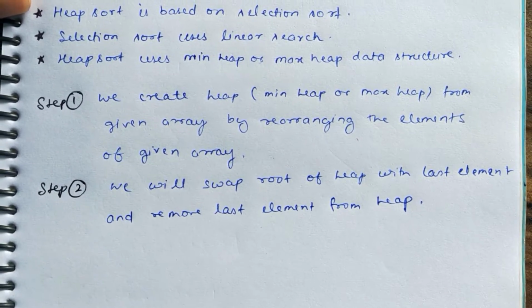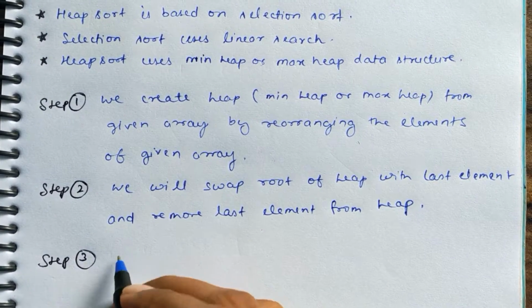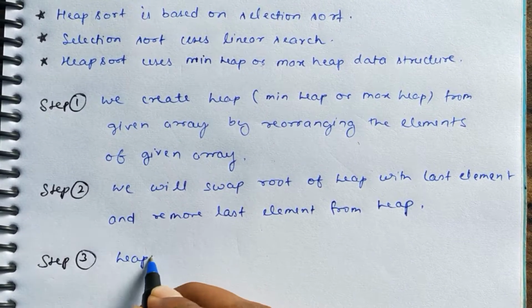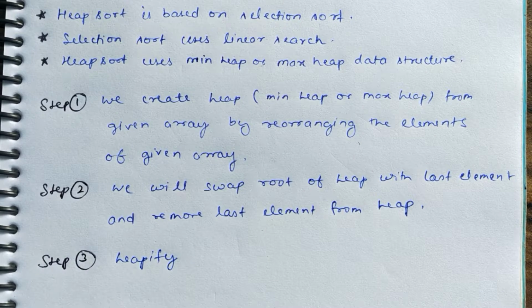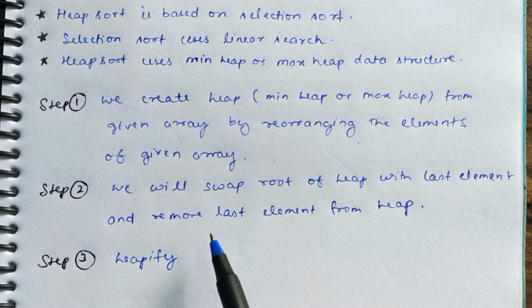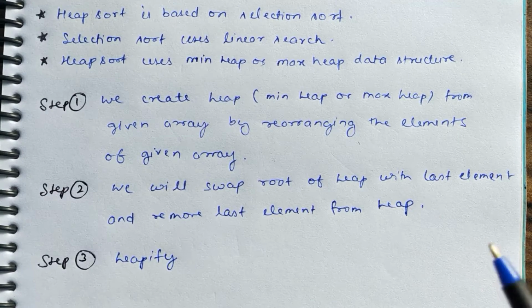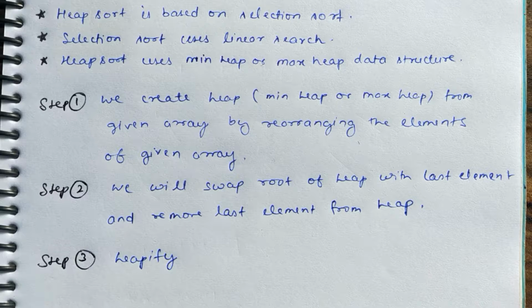And in step 3, we will do heapify. I will later explain the operation heapify. So we will keep repeating these steps until our heap becomes empty, but the array remains with the elements in sorted order.